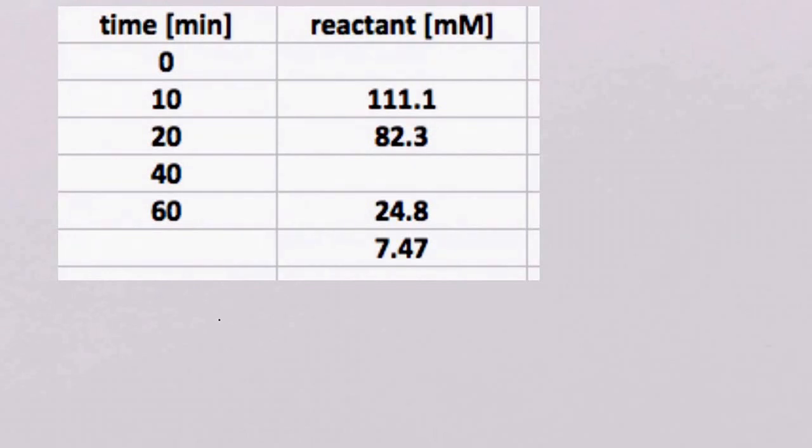You draw an ln versus time plot. Right. Why did I shoot you down? Because I was talking about zero-order reaction. I already told you it's not a zero-order, so why would you want to do it? You're wasting your time. So don't give me something that I'm not asking for.